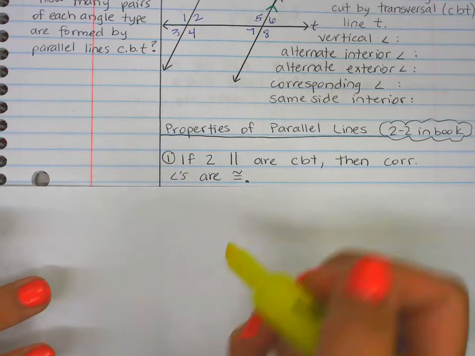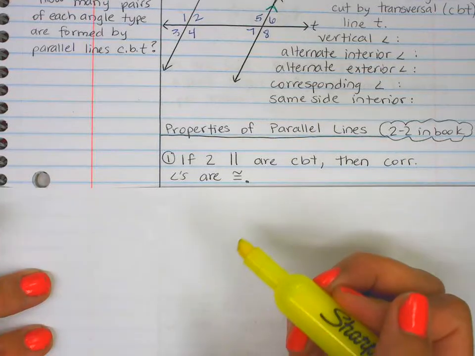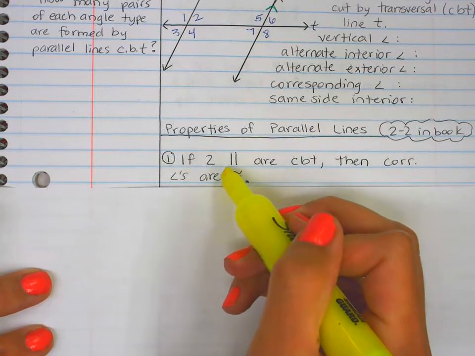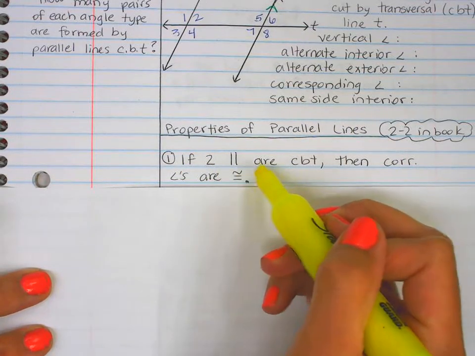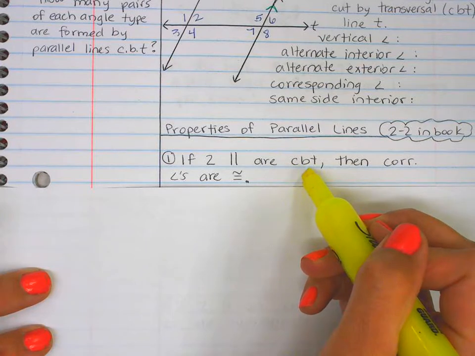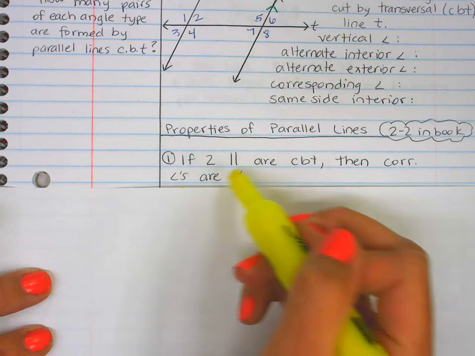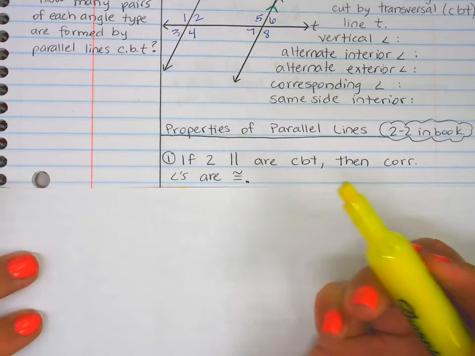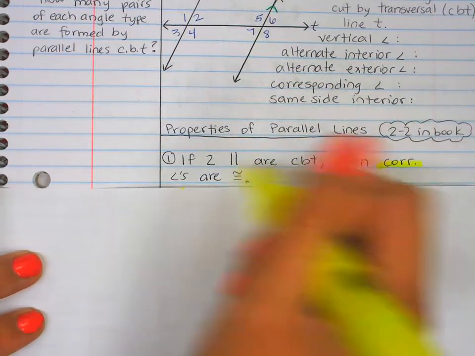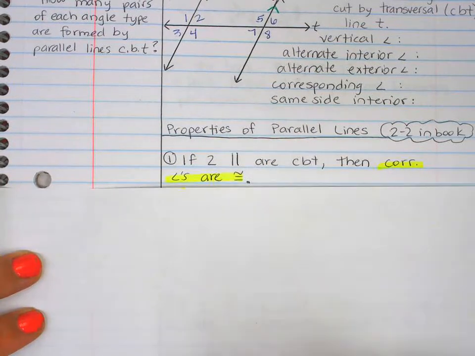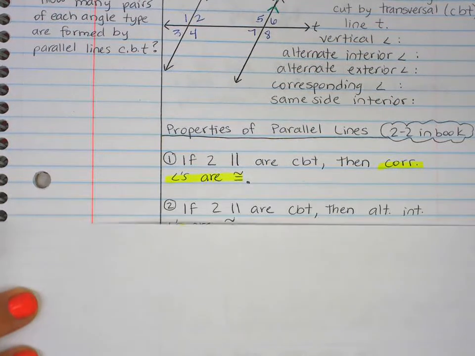So the number one, this one is a theorem. If two parallel lines are cut by transversal, then corresponding angles are congruent. So the key part here, corresponding angles are congruent. Okay, here's the next one.